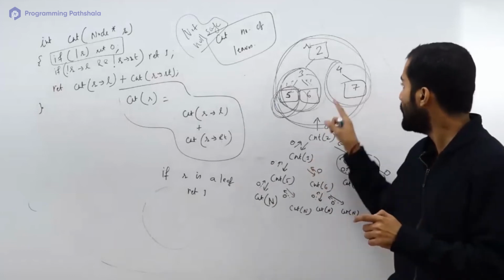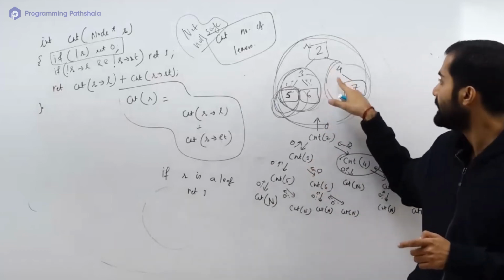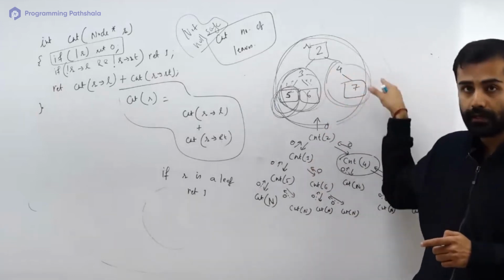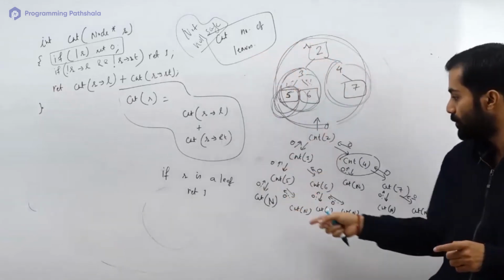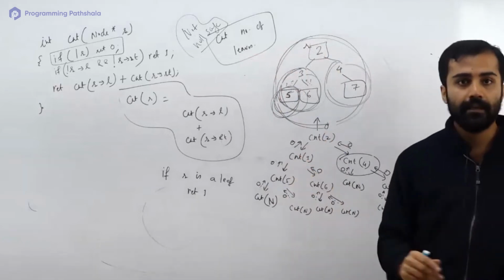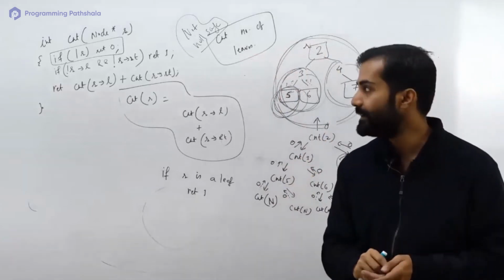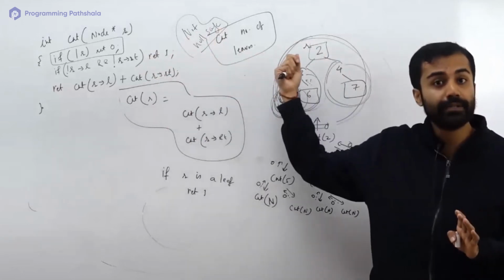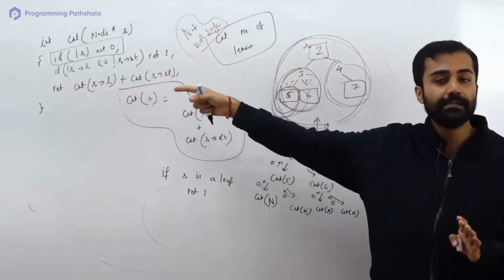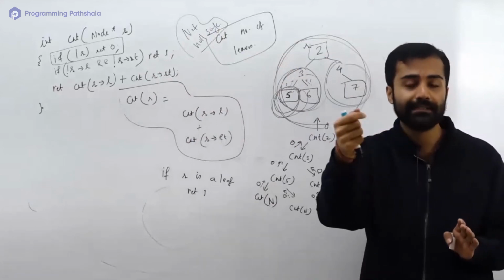If you make a call to null, you return 0 from here, and if you make a call to a node that is a leaf, you return 1 from there. And now if you return the proper things, you will see it will work properly. So there are 2 termination conditions over here. The first termination condition is when you touch a null, and the second termination condition is when you actually touch a node that is a leaf.